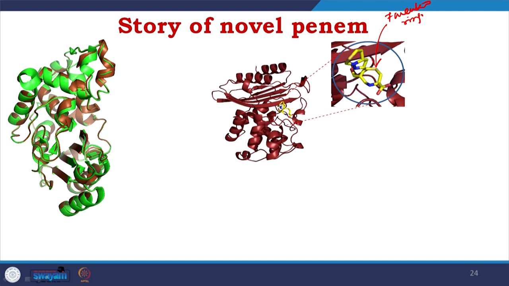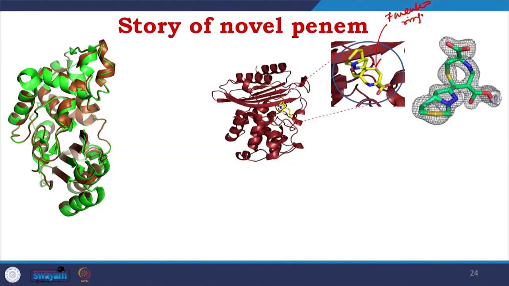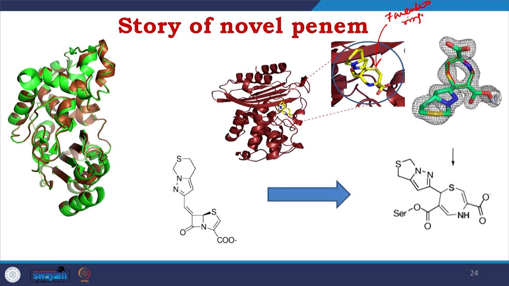Again, if you go back to your biological macromolecules, you do not get any 7-membered ring. So, the development of a 7-membered ring is surprising, and if you look at the high resolution structure, you will clearly see the 1, 2, 3, 4, 5, 6, 7, the 7-membered ring is present and intact. So, how did this 7-membered ring happen?